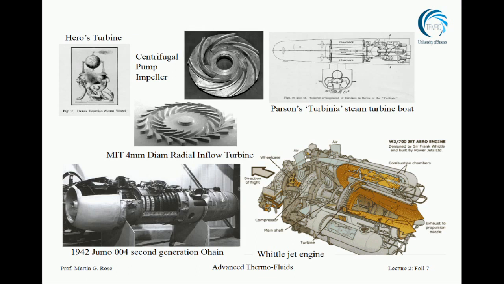And on the left we have the Jumo 004 engine, dating from 1942 during the war, which powered the first fighters that went into service as jet engine fighters. That's enough of that, I think.